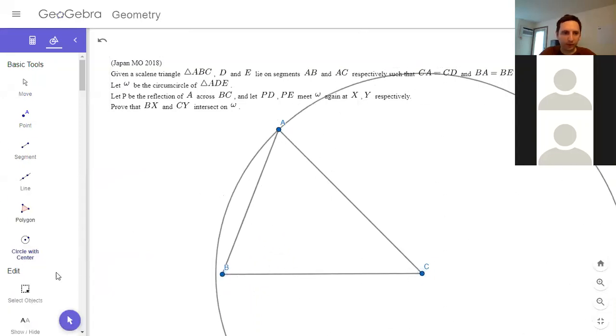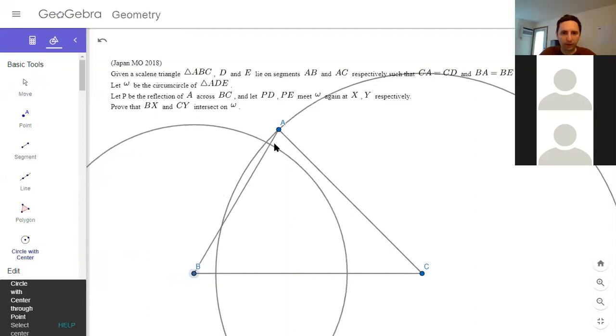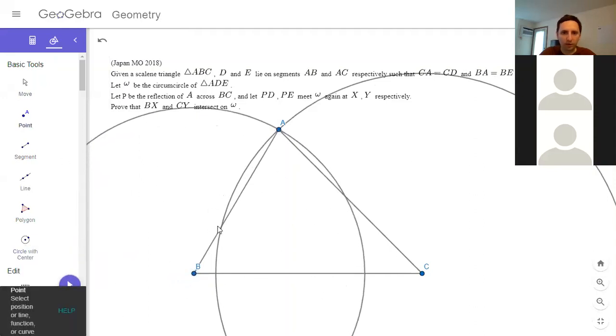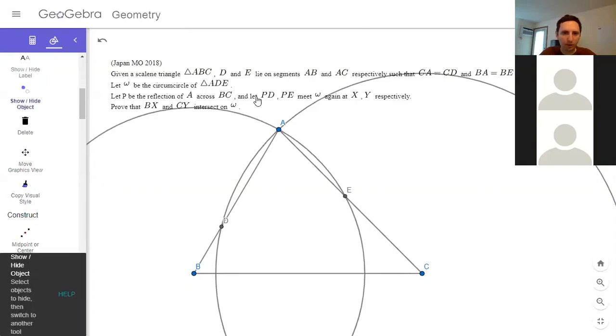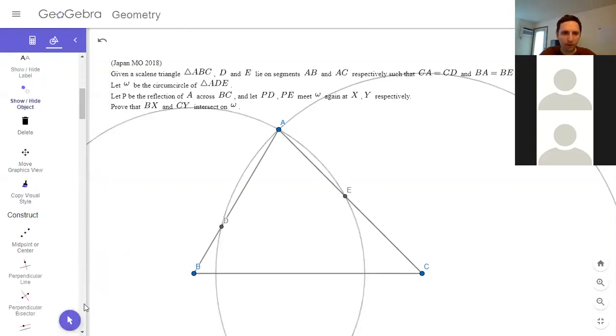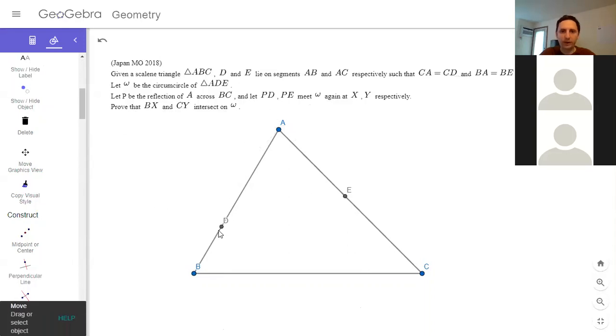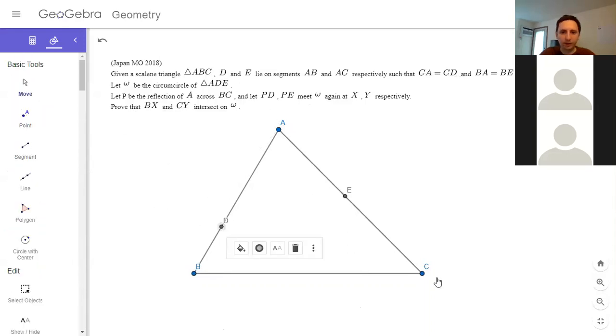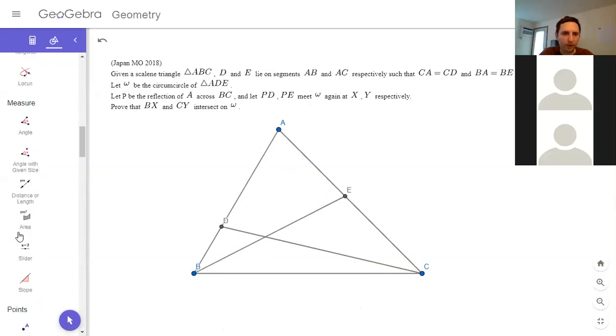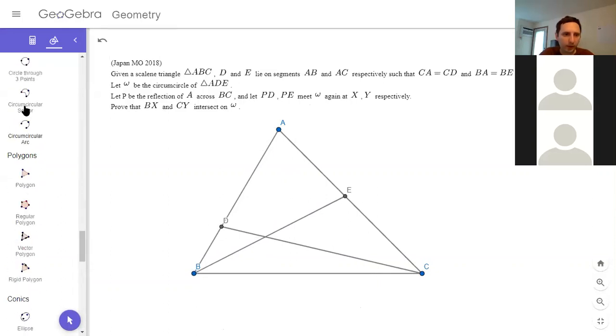So I want to go like this, and like this. So CAD is isosceles and BAE is isosceles. Sounds good. Omega is the circumcircle of ADE.